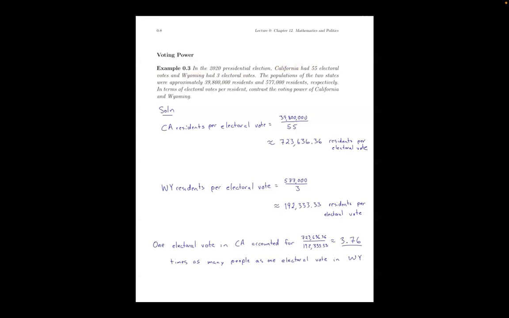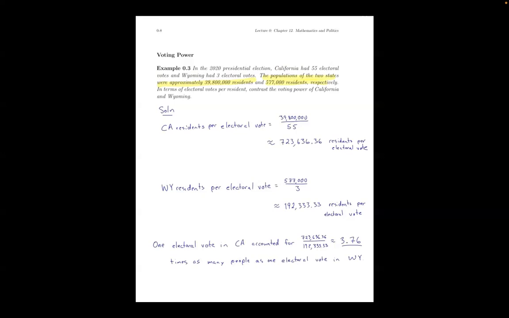So the question then is this. The reason California has 55 and Wyoming has 3 electoral votes is because it is based on population. And there's a question as to how fairly it is based on population. So let's take that into account. The populations of the 2 states were approximately 39.8 million in California and 577,000 residents in Wyoming.